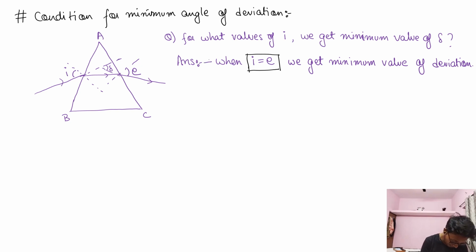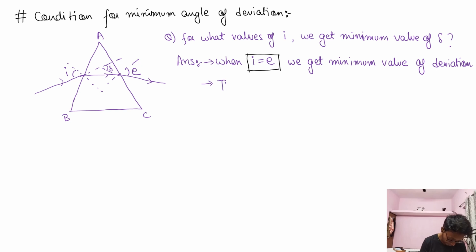The second criterion of I equals E is nothing but when the ray inside the prism is parallel to the surface BC. For minimum angle of deviation, this ray becomes parallel to the surface BC.